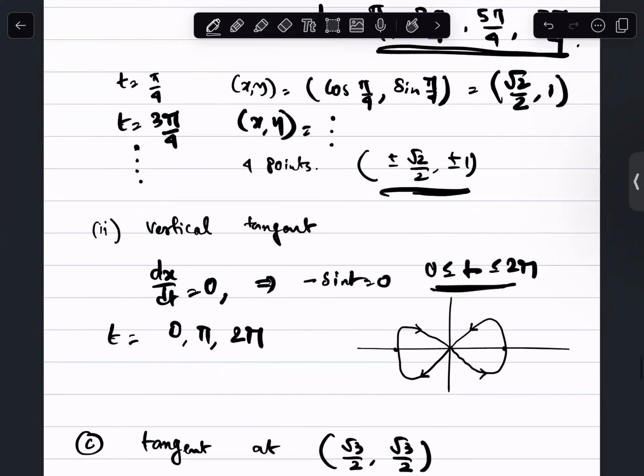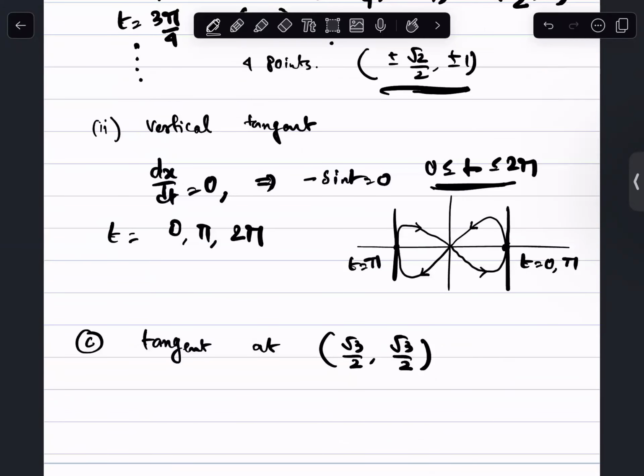And if you engage with the graph, then you'll get at t equal to 0 and 2 pi, I'll get this point. So there you can see the tangent is vertical. And this point is due to t equal to pi, and here also the tangent is vertical. Okay, sweet.